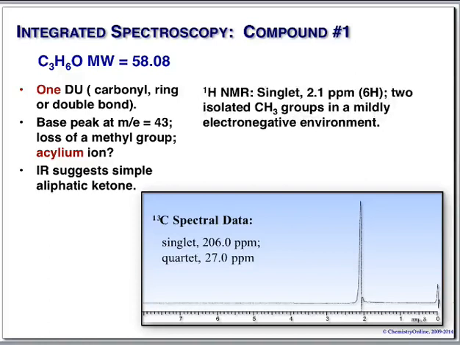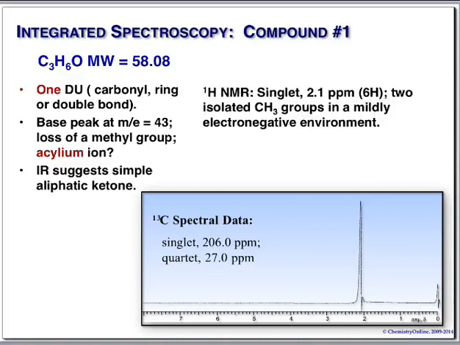Now our C13, we have a singlet at 206. Remember at the 200s, that's where you get aldehydes and ketones. An aldehyde would give us a doublet, wouldn't it? Because we have hydrogen directly attached to that carbon.